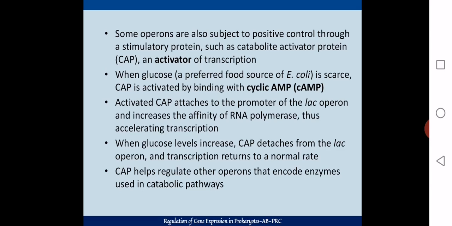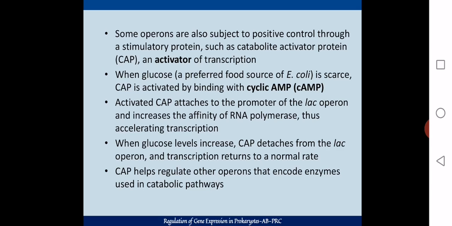So this CAP will be in the inactive state and becomes activated on binding with cAMP. Okay, so once cAMP is bound onto CAP, which is active now, this cAMP-CAP complex can bind onto the CAP binding site in the DNA molecule, and this binding causes an increased rate of transcription for the structural genes.